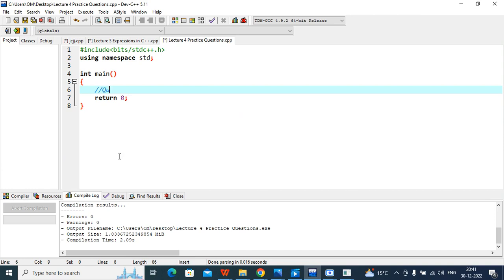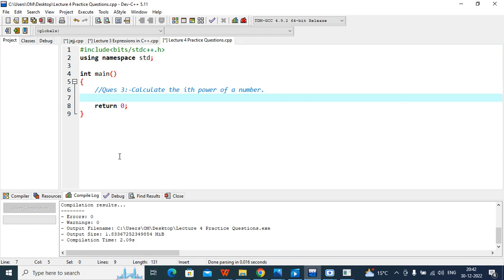So the next question that I have for you is question number 3. It says calculate the ith power of a number. Calculate the ith power of a number. So how will you do this?